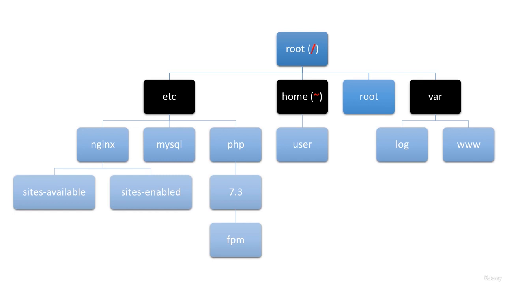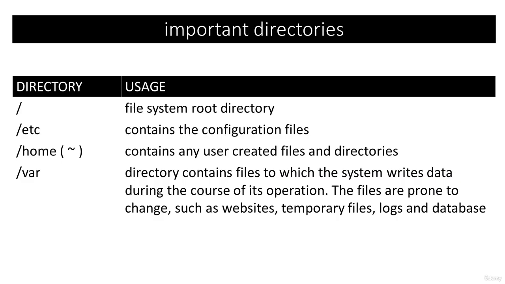The root of the file system is indicated by a /. The home directory is indicated by a tilde. The /, that is your file system's root directory. All other directories branch off the root. The /etc directory contains various configuration files. The home directory contains any user created files and directories.